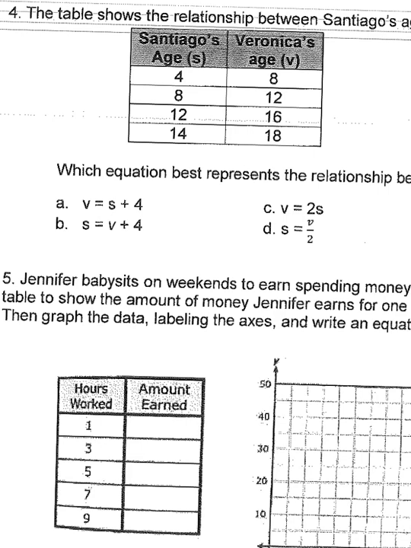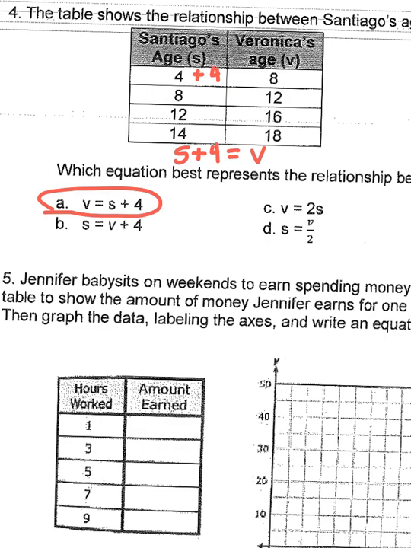You just got to pay attention to your variables, because it's Santiago plus 4 equals Veronica. So Santiago plus 4 equals Veronica. So when we go down below, I find this situation right there. So you should have chosen A.